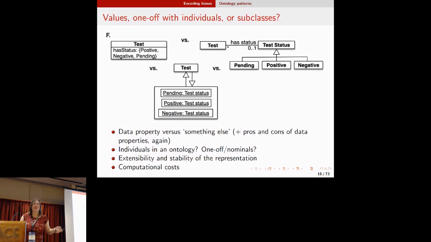The popular alternative ontology patterns. I saw here that I made a typo. This is actually not test, but test status. So there are different ways to talk about values, the notion of the one-of construct in OWL, and the notion of subclasses. So for instance, if you want to see where all of these kinds of patterns appear in your ontologies.